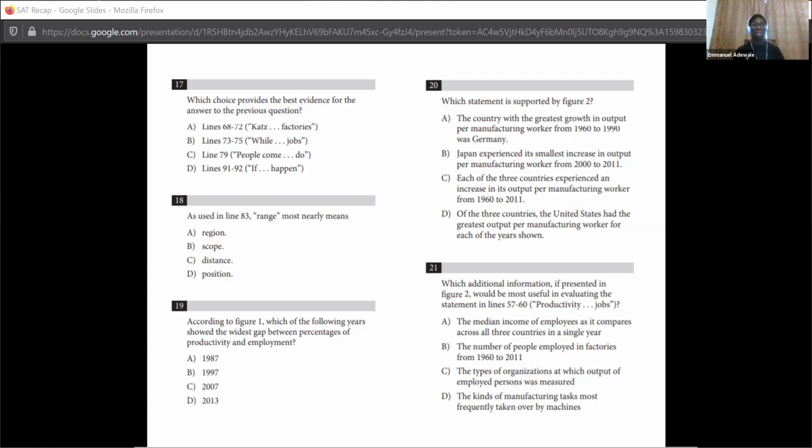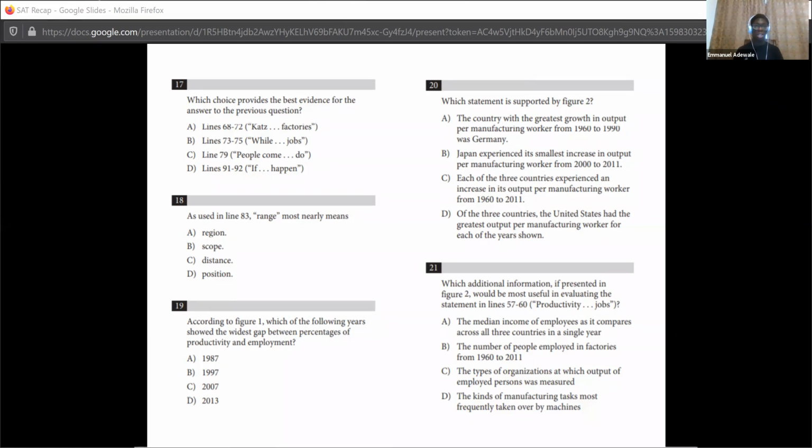The other choices are incorrect for a variety of reasons. For choice A, figure 2 shows that Japan had greater growth between 1960 and 1990 than Germany. Choice B was incorrect because figure 2 showed Japan experienced its greatest increase in output from 2000 to 2011, not its smallest.